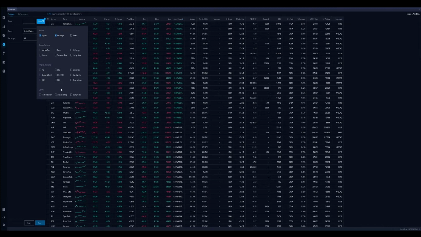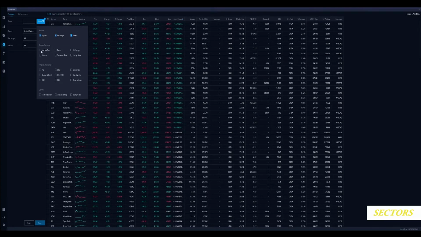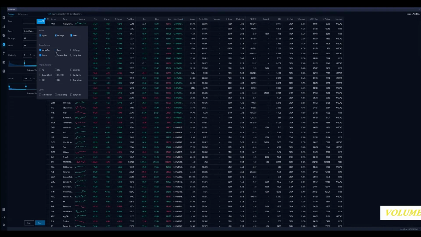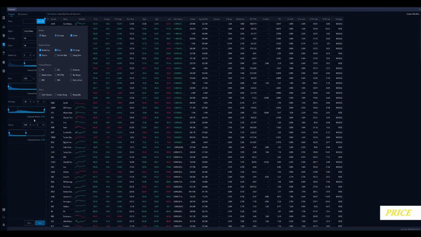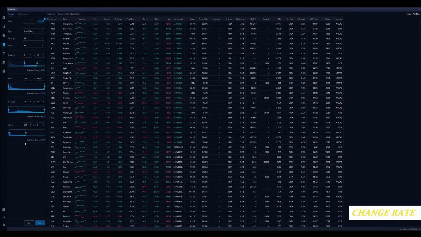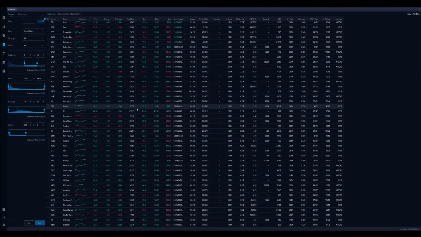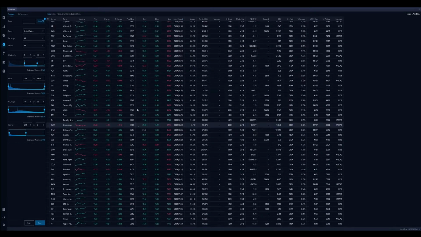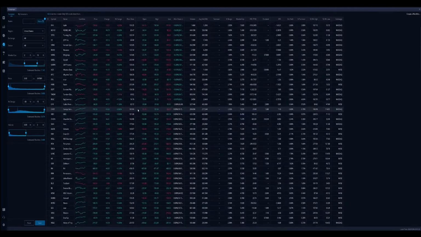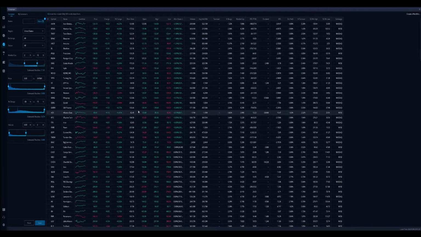I'm only going to cover a couple of these, since these are the ones that have more importance when you're actually analyzing a stock. For today, we're going to click on sector, then market cap, volume, price, and change. These are the ones I always consider when analyzing stocks. You can already see that my list is still large, and it's still not at the amount we want, where we can say, okay, these are the potential stocks I actually want to look at.